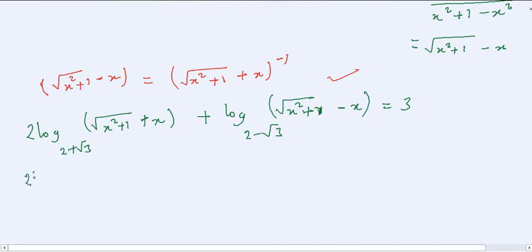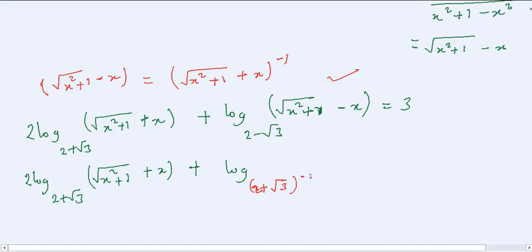This one will become 2 log 2 plus root 3, then I have square root of x squared plus 1 plus x, then plus log. Look at what I'm going to have here. This 2 minus root 3 will now be written as 2 plus root 3 raised to the power of minus 1.